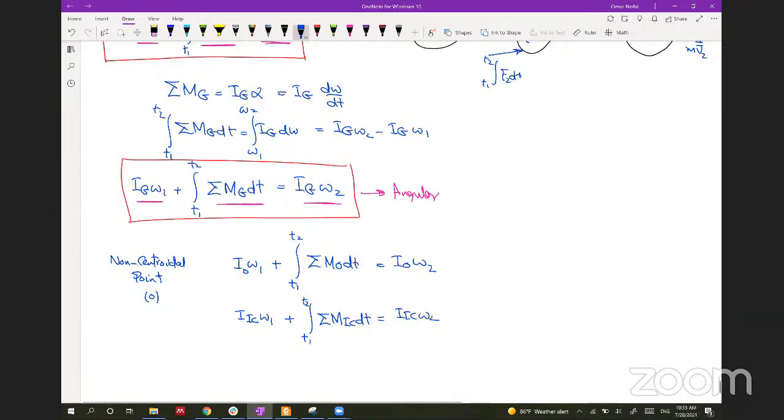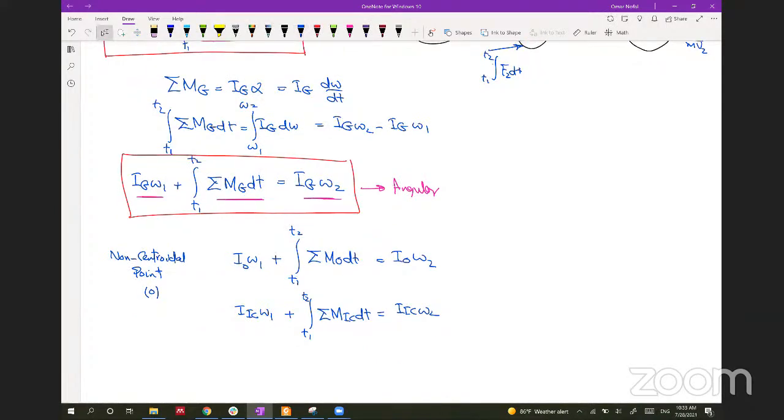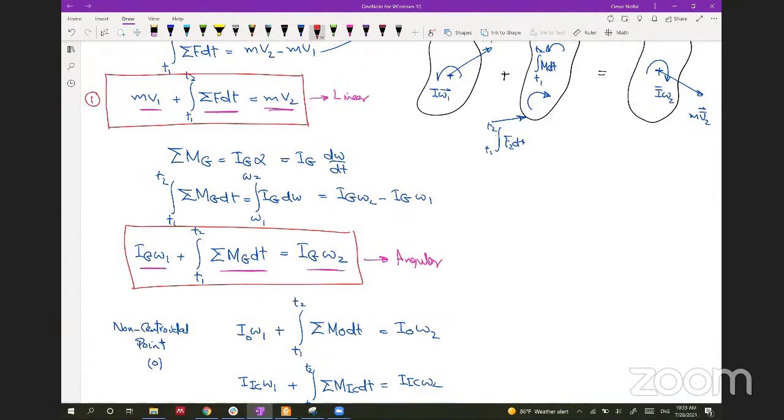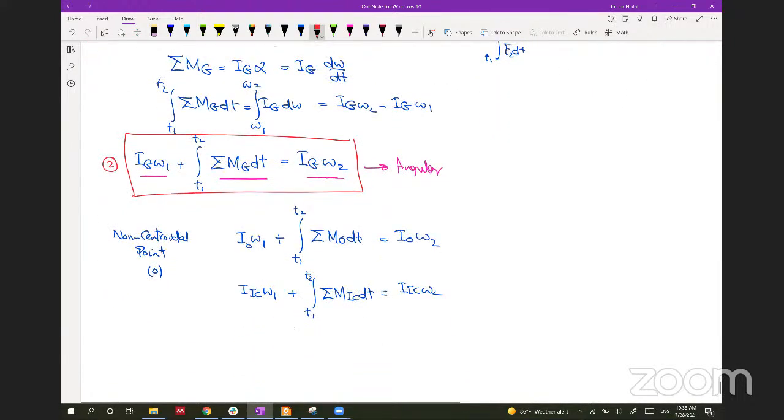So you will have the same equation. And actually, these two equations, let's call them 1 and 2, can give us 3 equations. Let's see what these 3 equations look like.